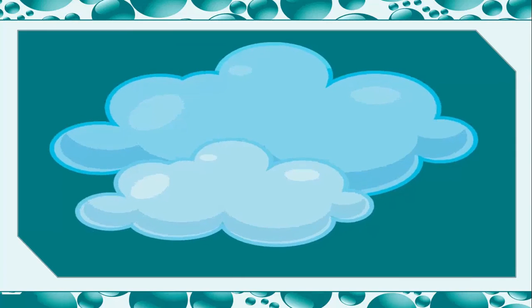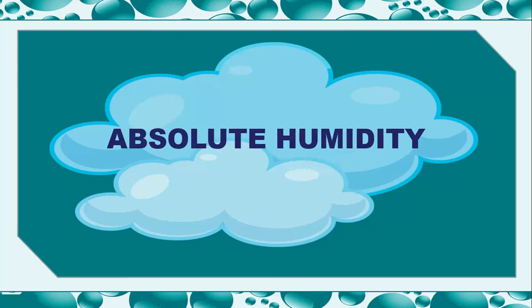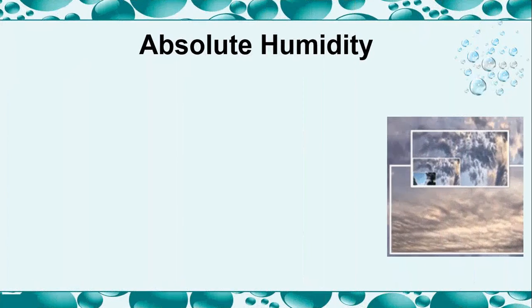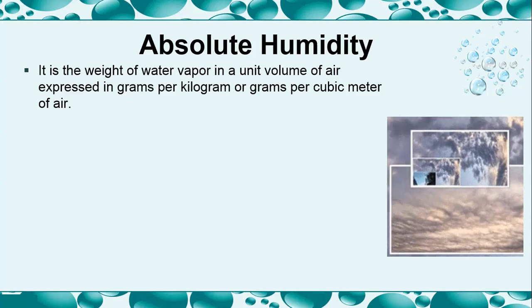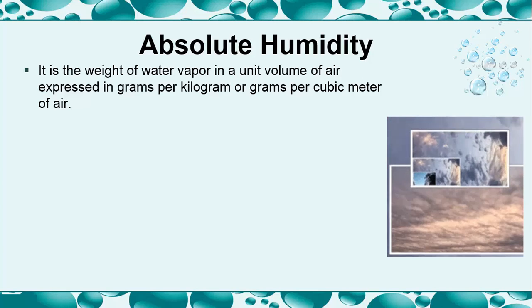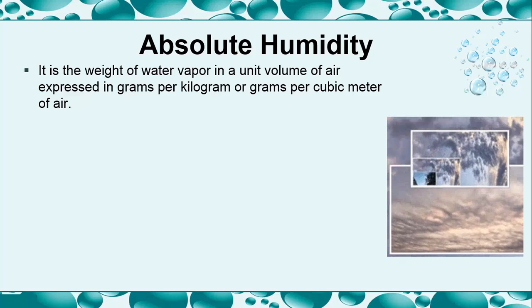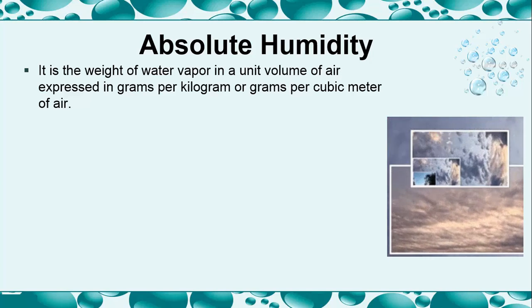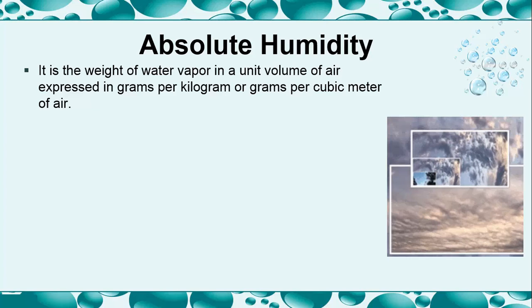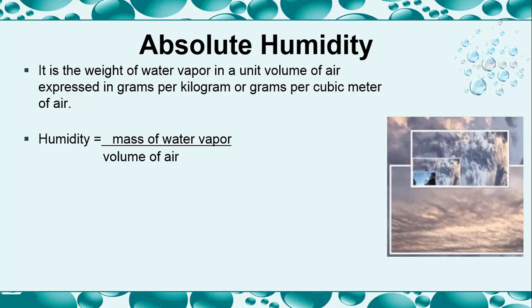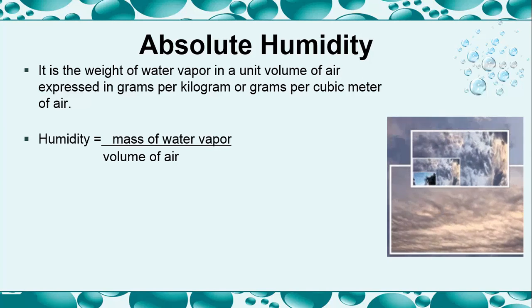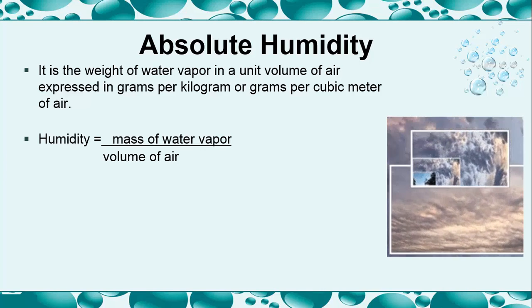The first type of humidity we'll take a look at is absolute humidity. Absolute humidity is the weight of water vapor in a unit volume of air, usually expressed in grams per kilogram or grams per cubic meter of air. So, humidity is equal to mass of water vapor divided by volume of air.